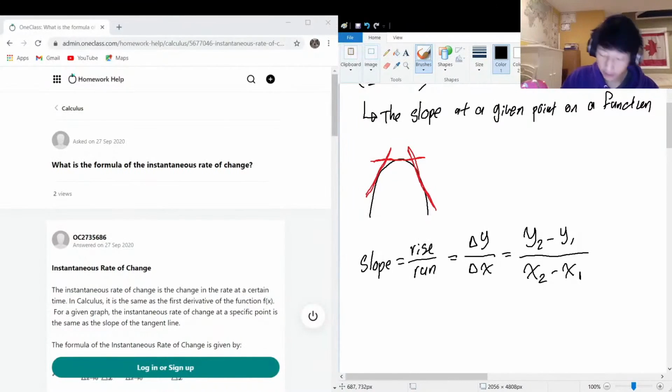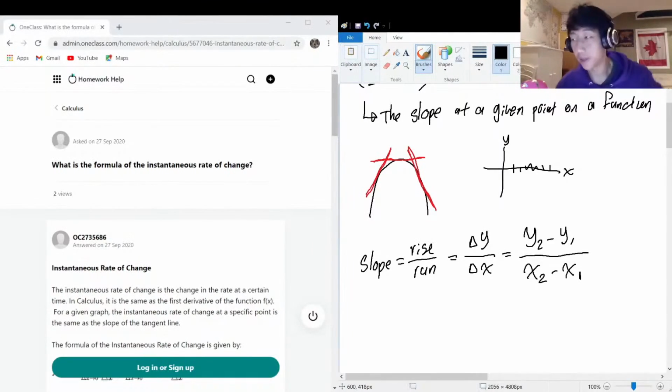Now, we have our typical xy axes. And the bigger the difference between x's, the more of the function that you're actually going to be incorporating. So you want to get the difference between x2 and x1 to be as small as possible.